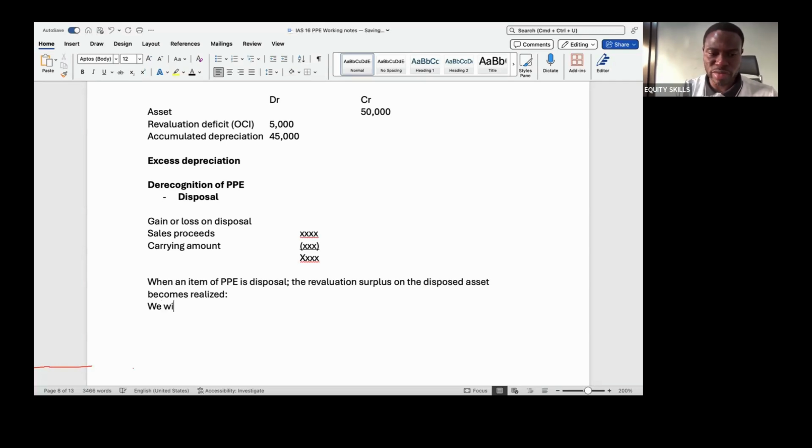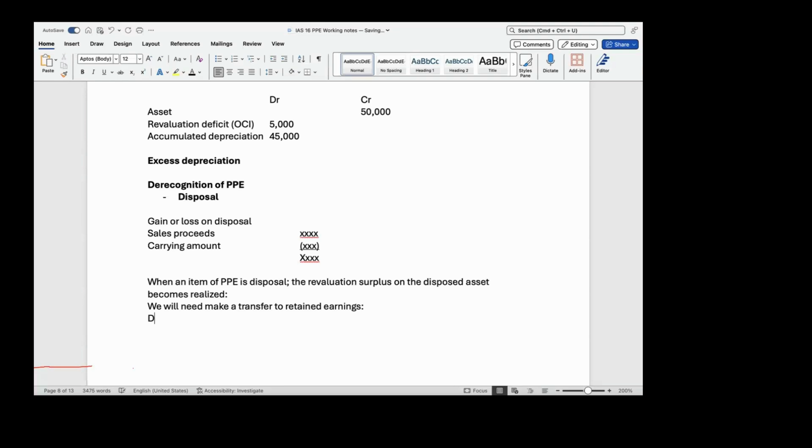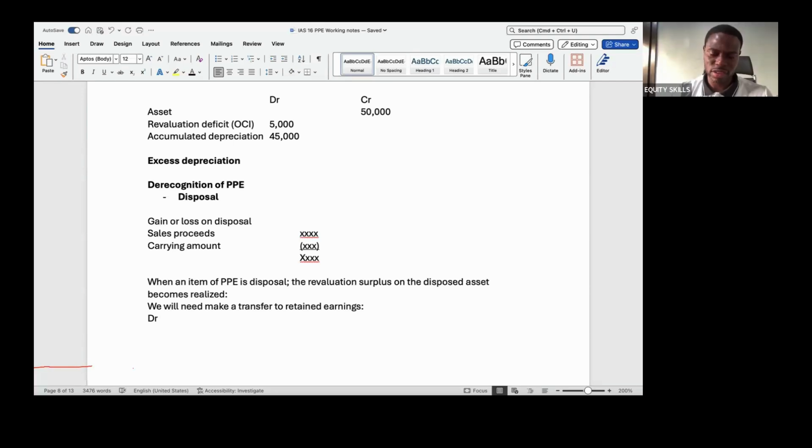So who can tell me, how do we transfer it? We will need to make a transfer to retained earnings because it's now realized. What will we debit or credit? If you want to transfer that reserve to retained earnings, how do we do it? Can you guess? Debit retained earnings and credit income in the P&L? No, far from it.